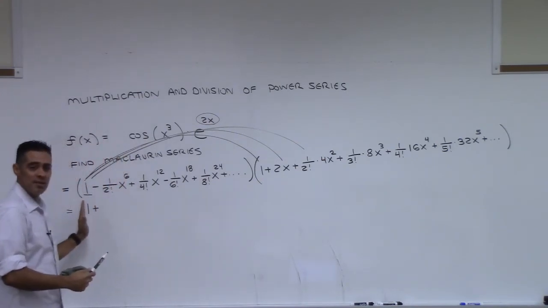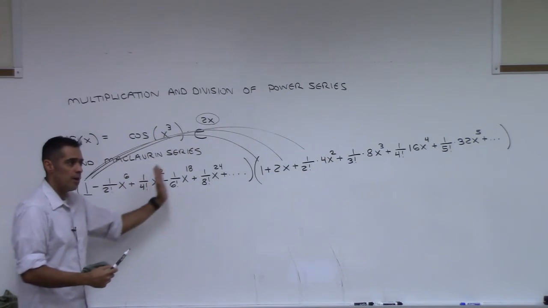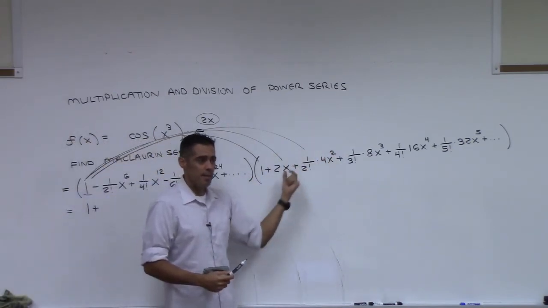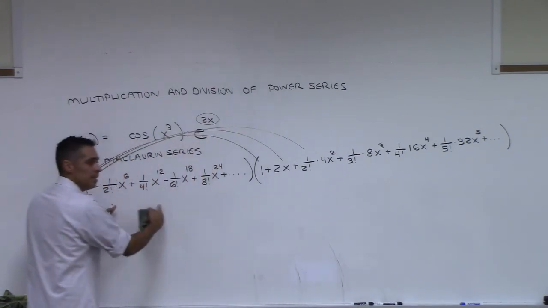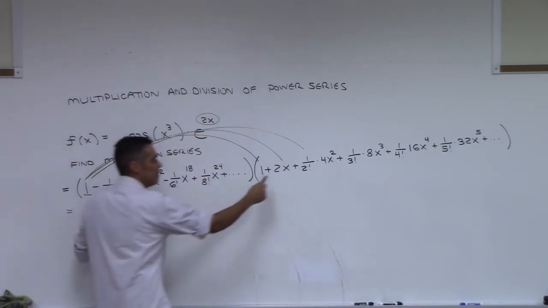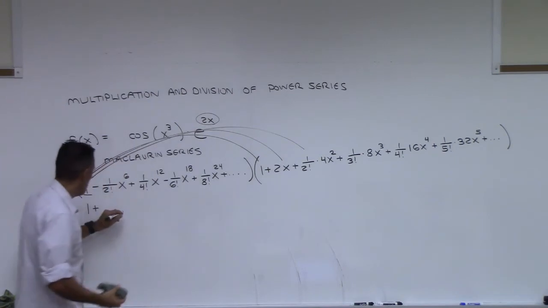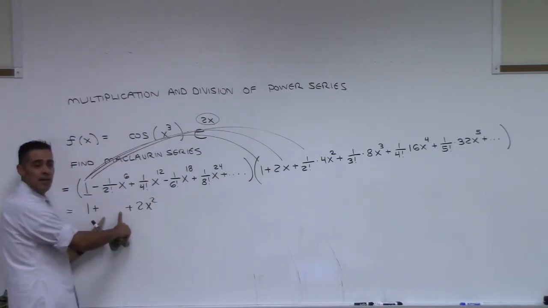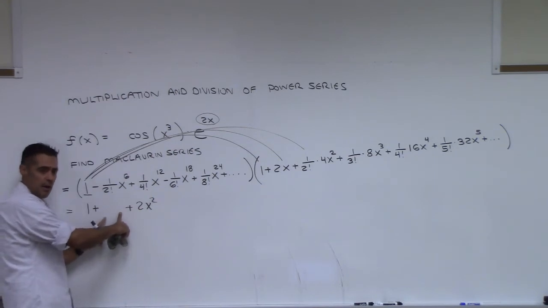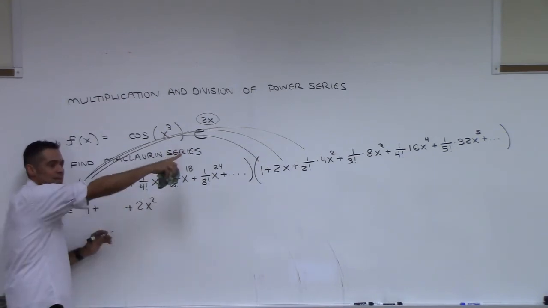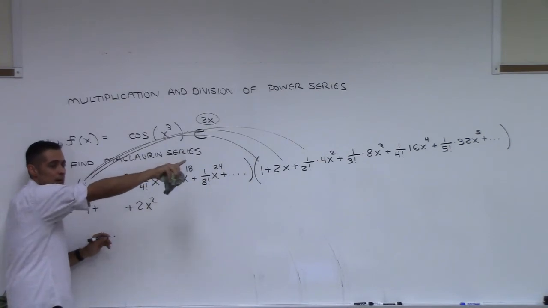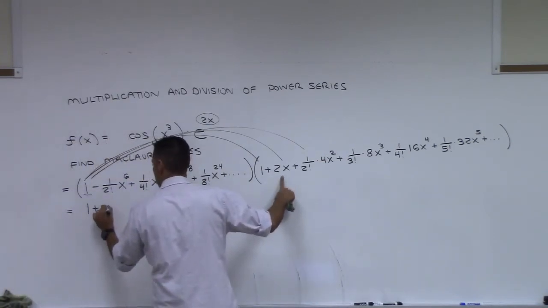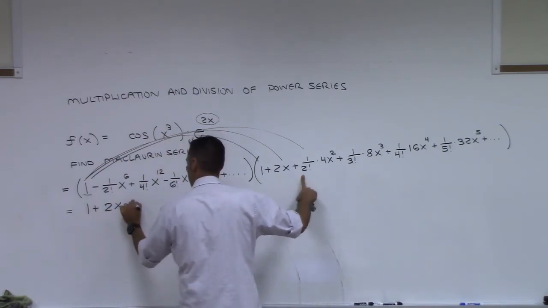This first term is x to the 0, then x to the first, x squared. If for some reason this skipped some of the powers, I would leave a gap. For example, if this was 2x squared, I would leave a gap for my x terms. I don't need to here because I have every power accounted for. You'll see in another example.